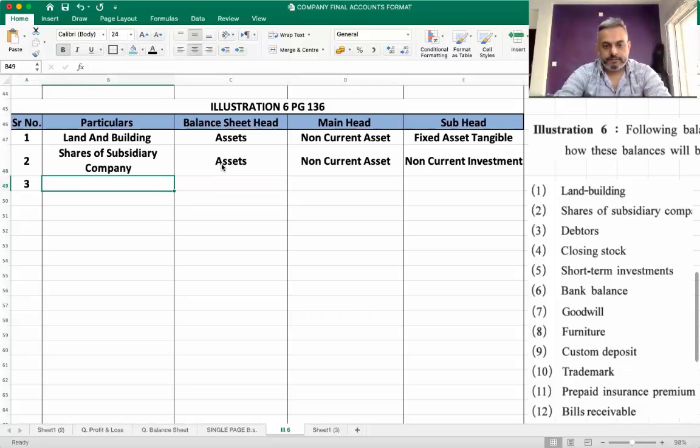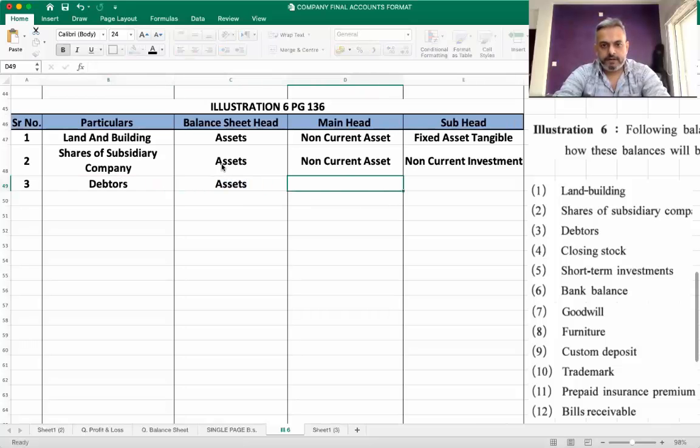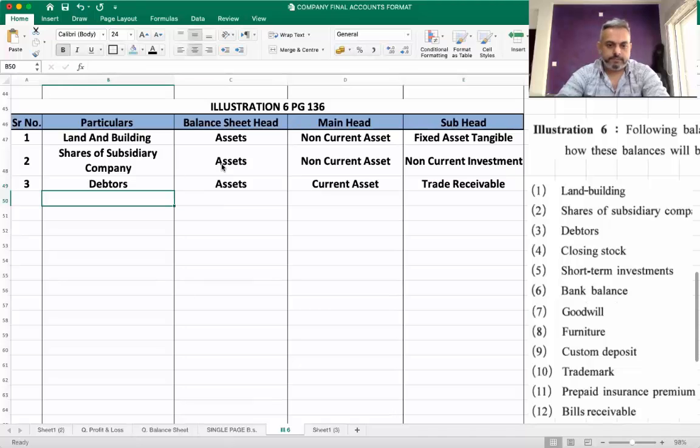Third, debtors, assets, current asset we all know, and it is trade receivable.